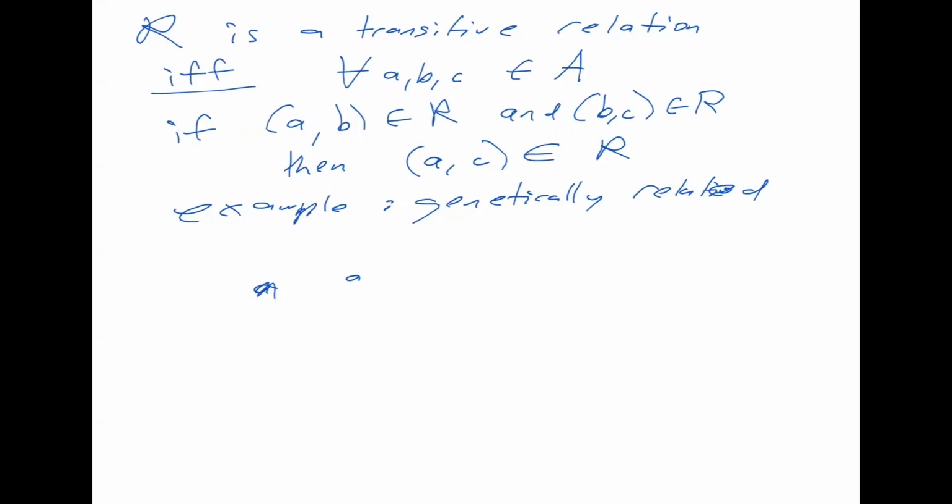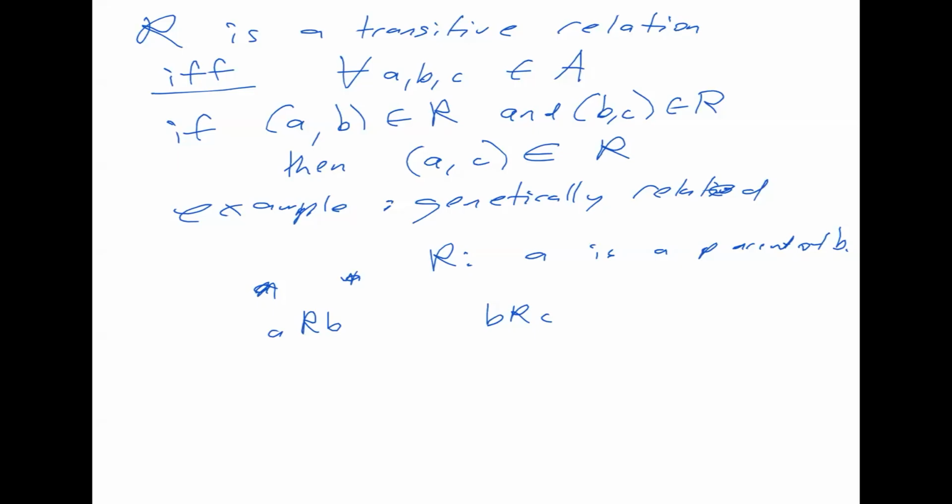Yeah, so you could say the relation is defined as A is a parent of B. So no, that would not work because that would mean that if A is related to B, that means A is a parent of B. If B is related to C, that means that B is a parent of C. So that C would be like a grandchild.